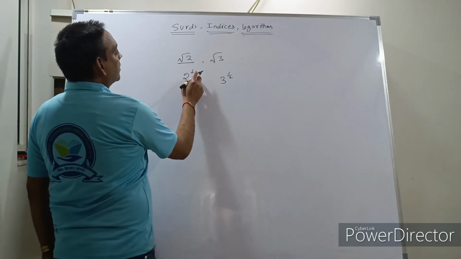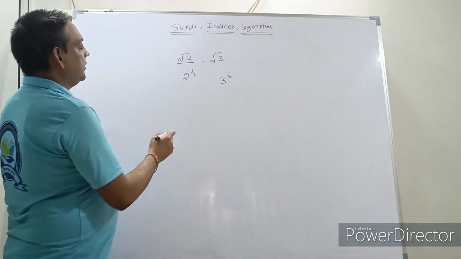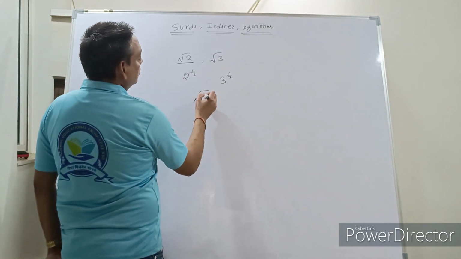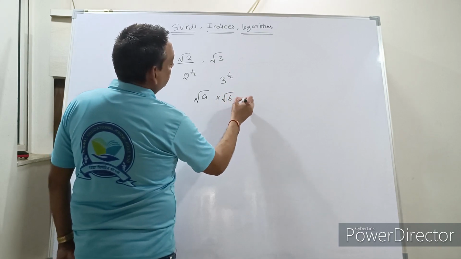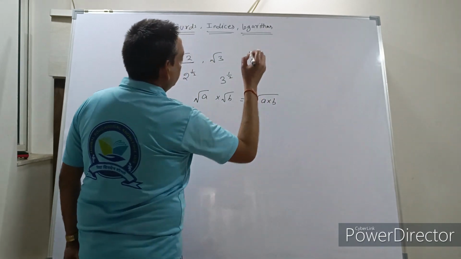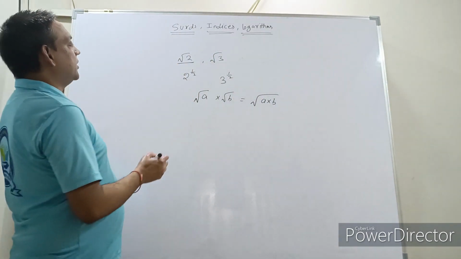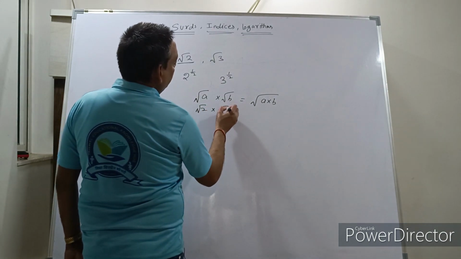If both are square roots, we can multiply: root a into root b is root of a multiplied by b.